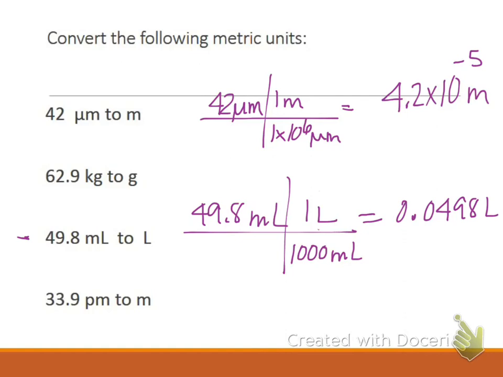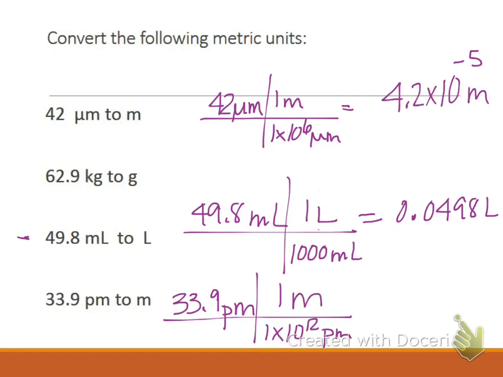Okay? And then we'll do the last one, 33.9 picometers. A picometer is 1 times 10 to the 12 picometers to 1 meter. So if you're looking at that first conversion chart, I heard someone say negative 12. That's how many meters are in 1 picometer.